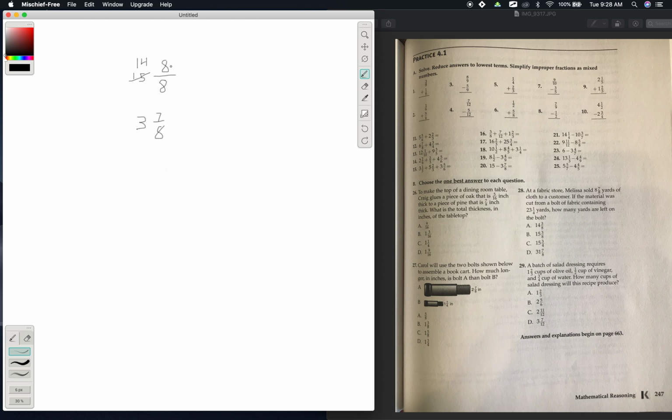Alright, so now we can do the problem, which is subtraction. 8 minus 7 is 1. We bring down the denominator, which always stays the same. Now 14 minus 3 is 11. Okay, so this is your answer. Can we resolve this into anything lower? No, we cannot. This is already a 1. Okay.